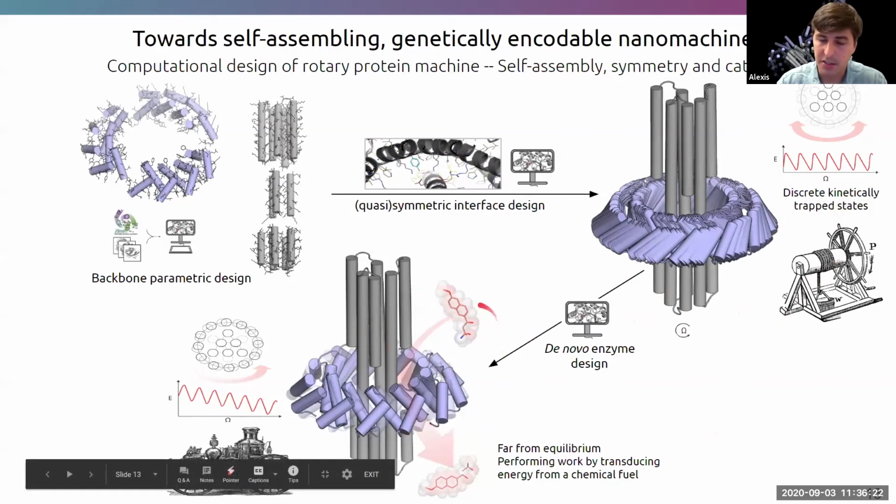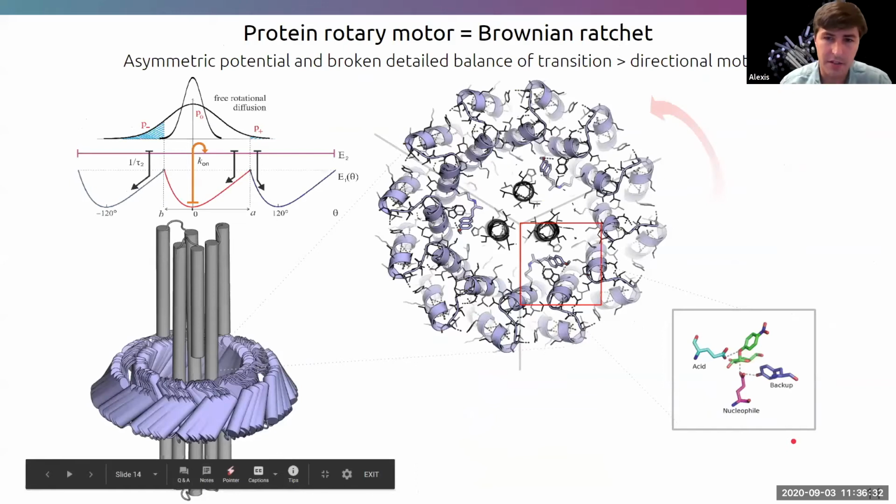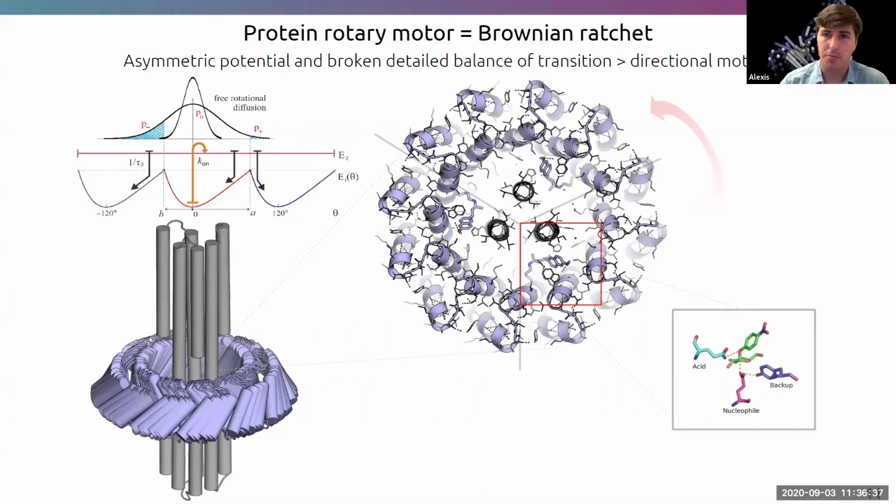So the idea again is to install a catalytic activity at the interface between the two components so that you can bind and cleave a small molecule and release energy. And very briefly, the theory behind how these biological motors work is what we call the Brownian ratchet mechanism. And that's how natural motors work. So what happens is that if you manage to have a system that can ratchet between different states, then you can bias the population of these states and the direction in which it will ratchet by binding a small molecule and releasing energy.